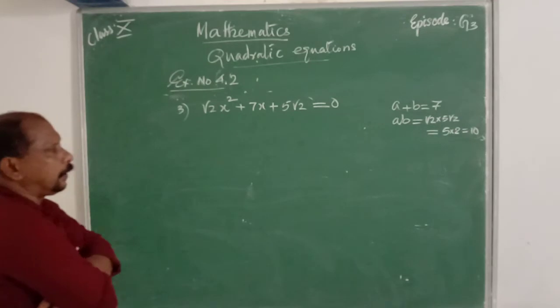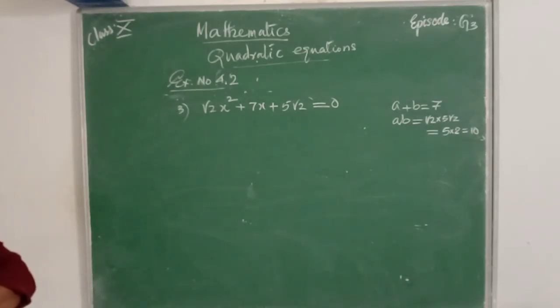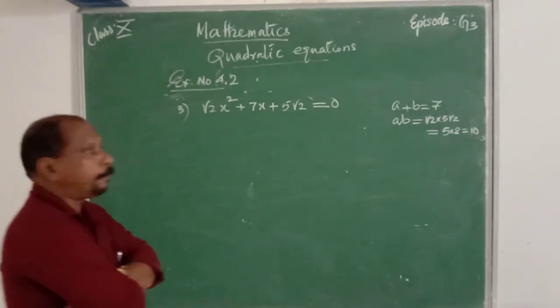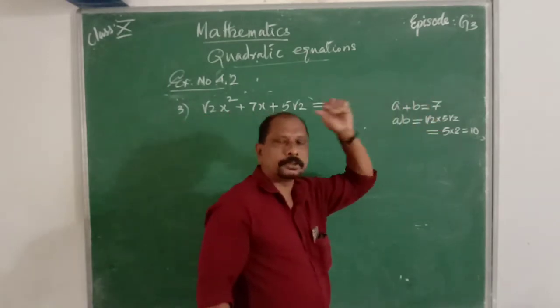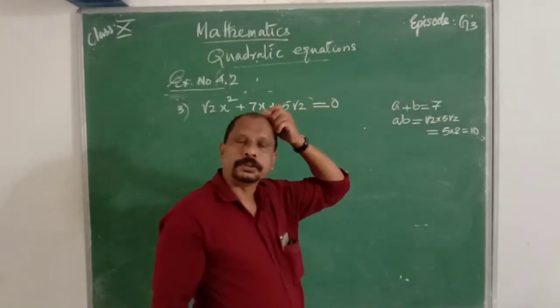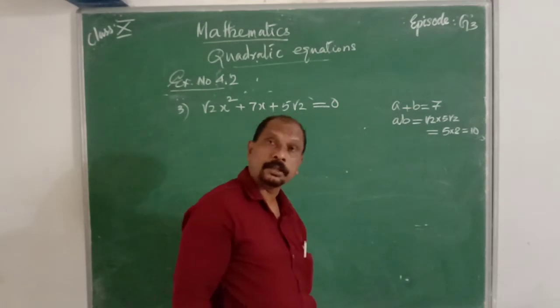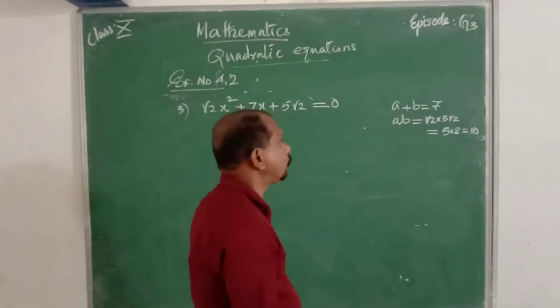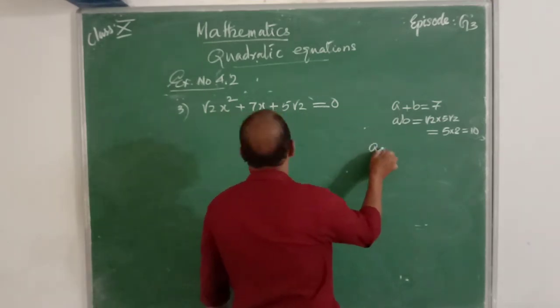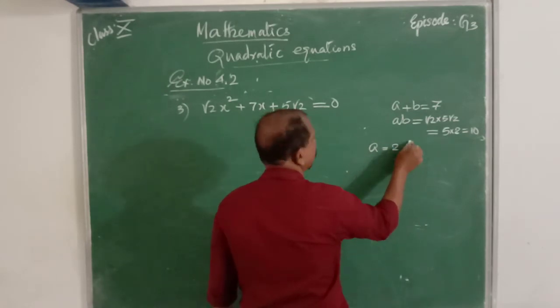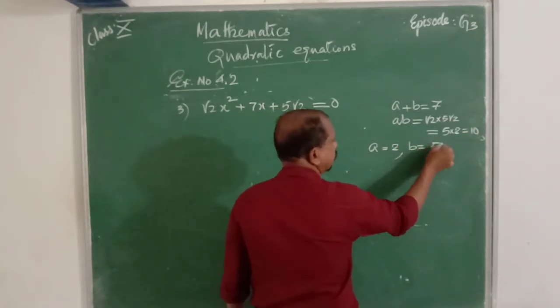The product is 10 and the sum is equal to 7. They are positives. Therefore, 5 into 2 is equal to 10, and 5 plus 2 is equal to 7. Therefore, a is equal to 2 and b is equal to 5.